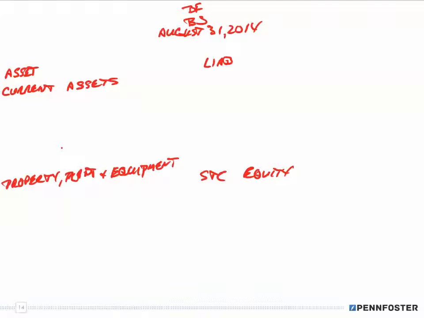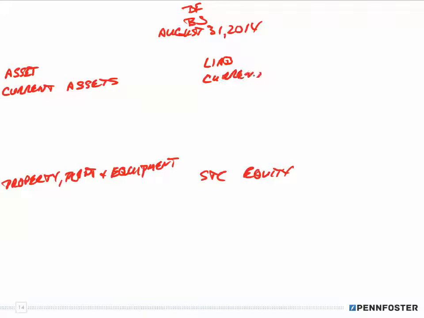Okay. All right. So that's why they also call it property, plant, and equipment, instead of just long-term, so that you have a little bit better of a designation as to what is long-term versus what is your current. So we're going to break down our assets into current and long-term, and we're going to do the same thing for our liabilities.